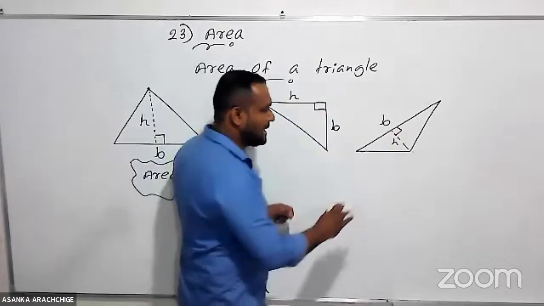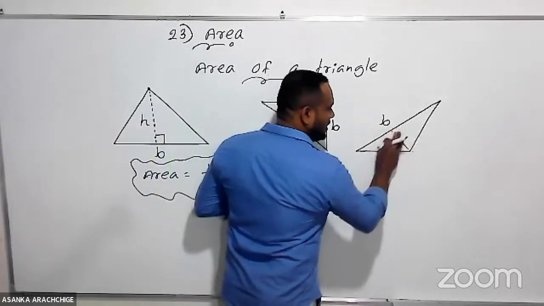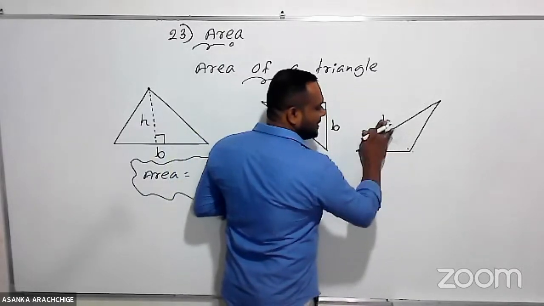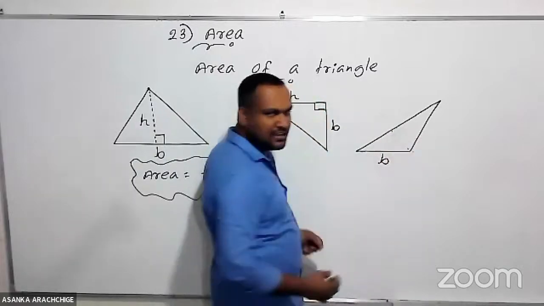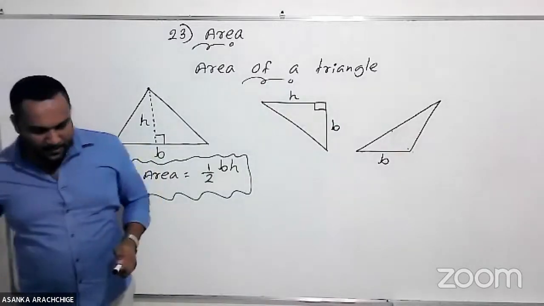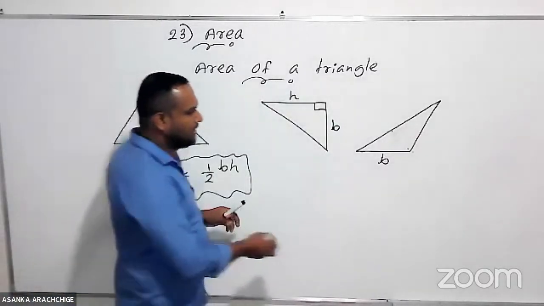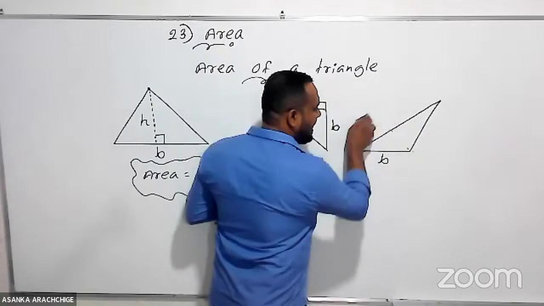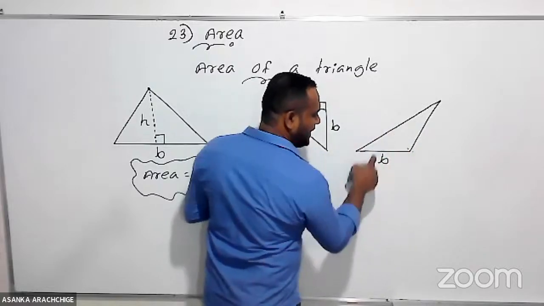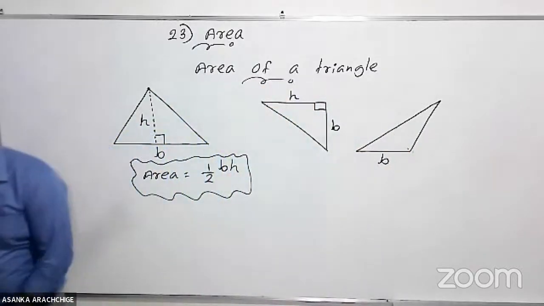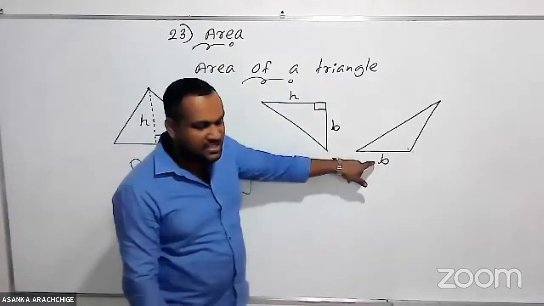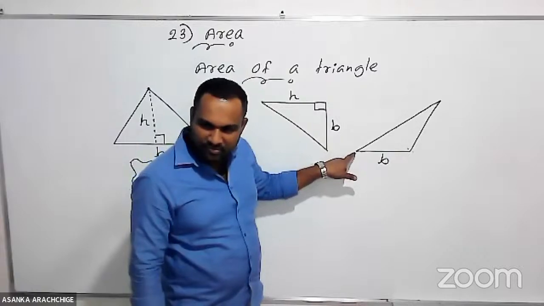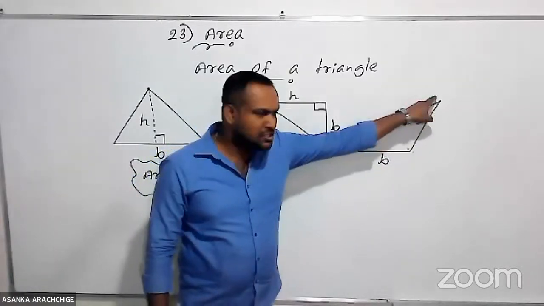If you consider this side as the base, now tell me, which is the vertex opposite the base? This one?